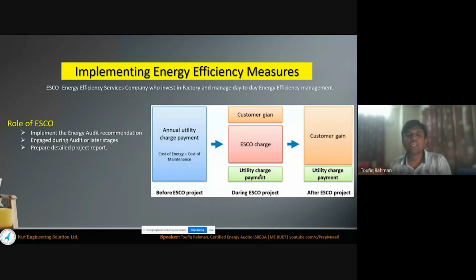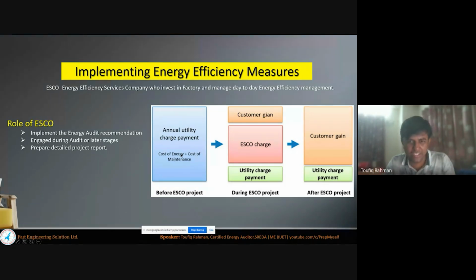So here you can see on the right part, this is the annual energy consumption we have right now before the ESCO project. This company, the industry, has done an audit, and this audit has some recommendations.